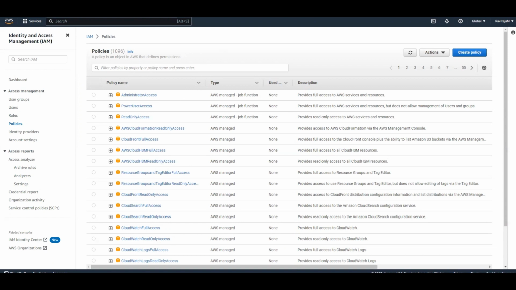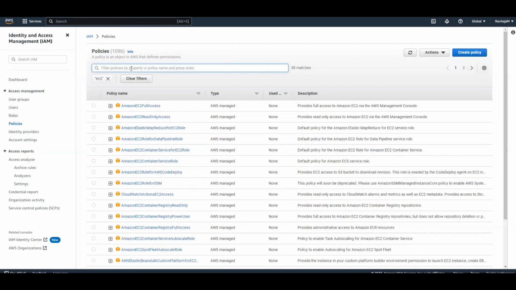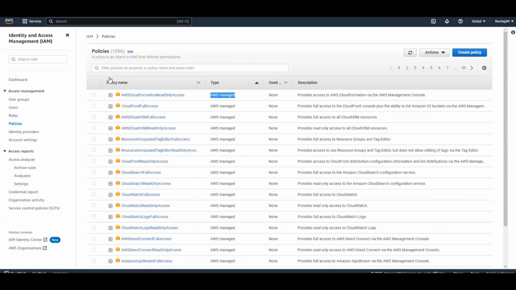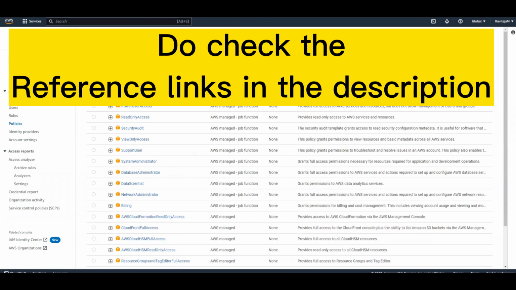So let's search for one of the policies here. Let's go ahead with EC2, or you can search for anyone that you want. You can see here the type. We have AWS managed, and if you just remove it, there is another one, which is AWS job function, and we have AWS managed.